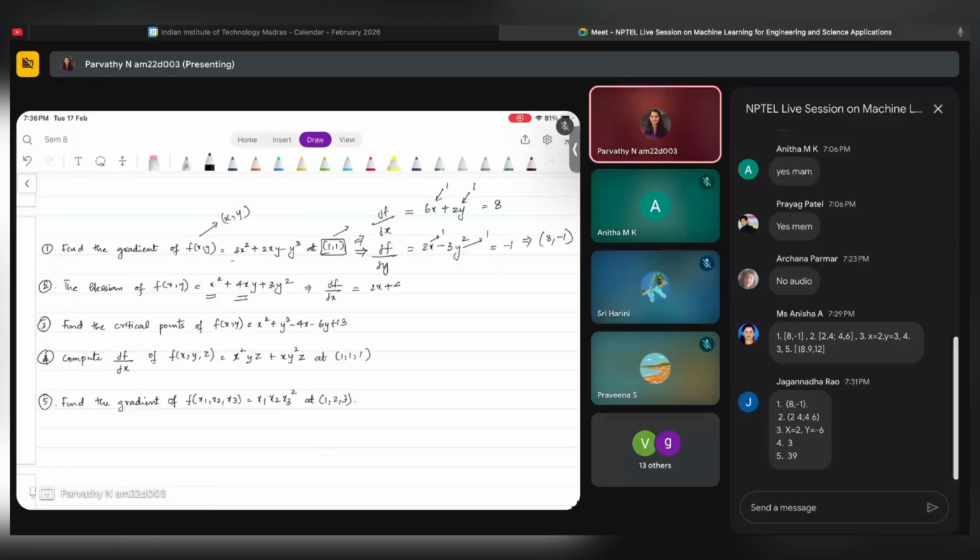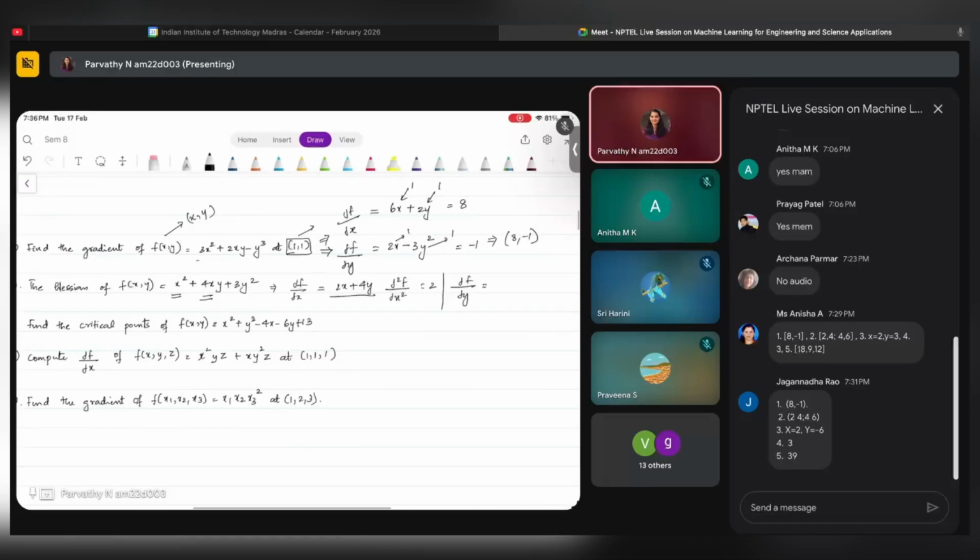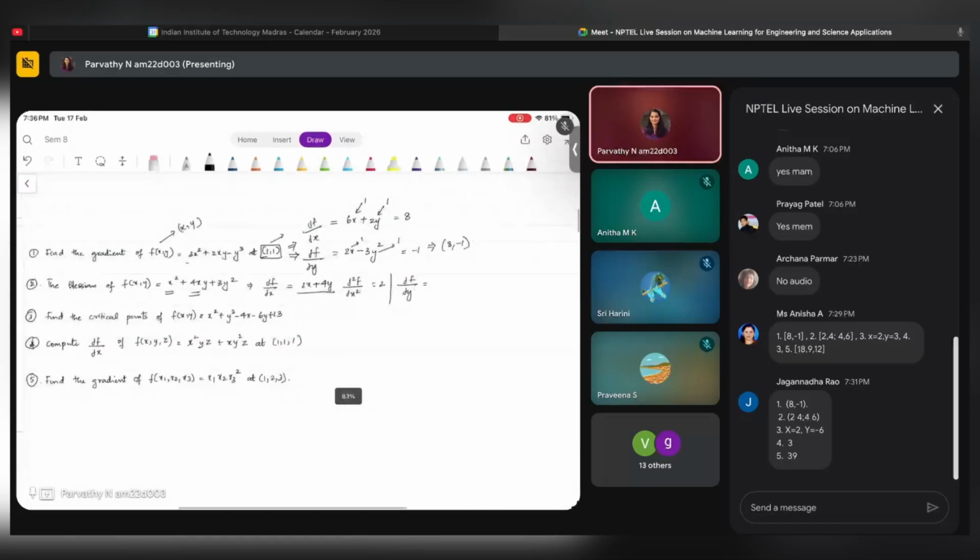Then ∂²f/∂x², because we have to find the second derivative, that is the derivative of this with respect to x. So that is 2. Then we find ∂f/∂y, which is 4x plus 6y. Then ∂²f/∂y² is equal to 6.